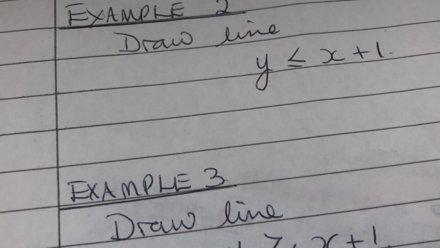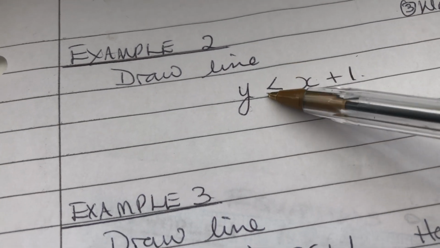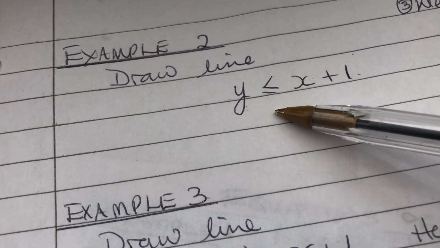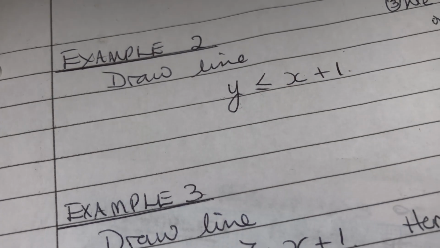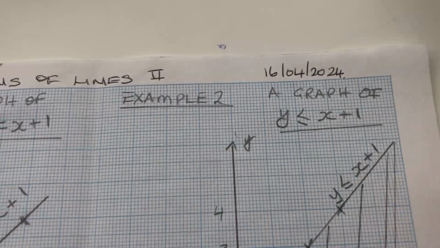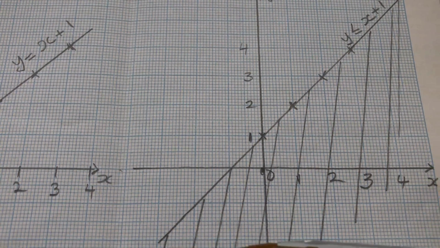So it's the same graph we've drawn, but this time we need to find a region which is less than or equal to x plus 1. So I'm going to repeat the same graph again, which is here, my example 2. So I've repeated example 2.